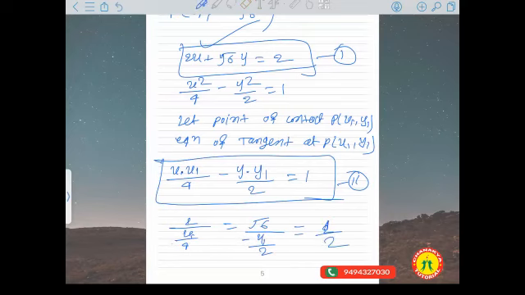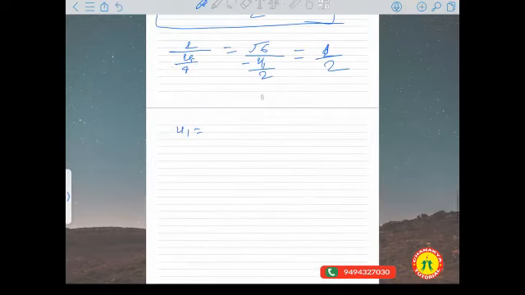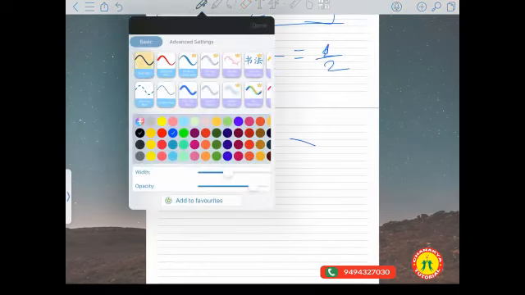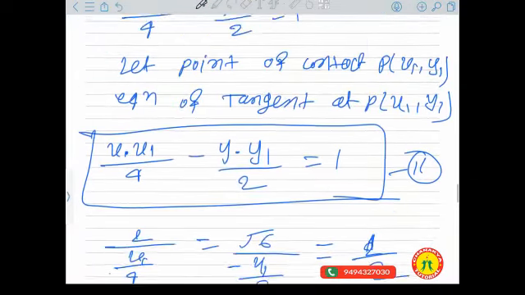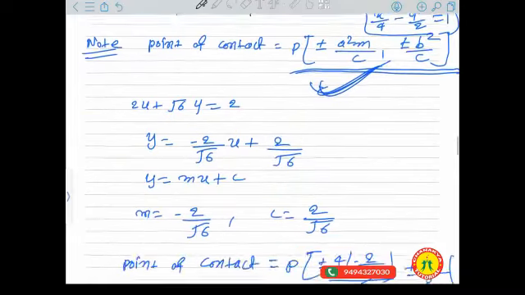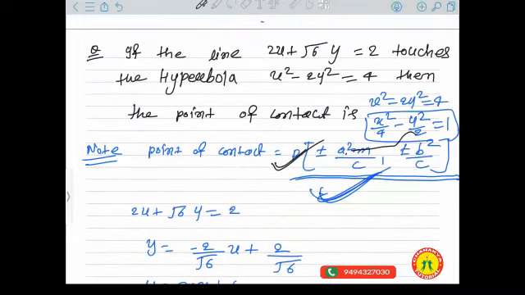Similarly, we get x1, y1. So we need to remember this formula. This is the formula for point of contact.